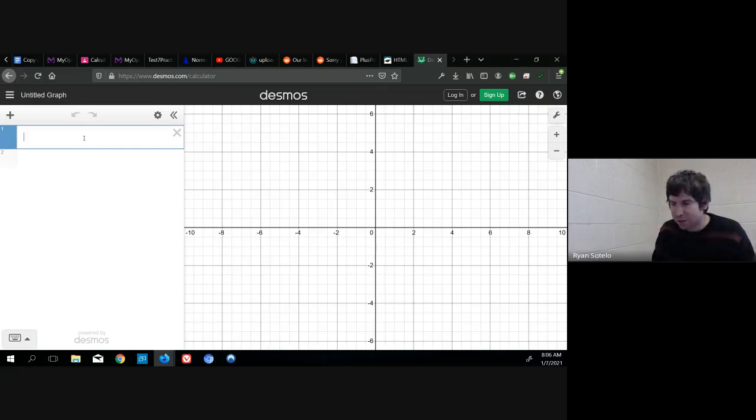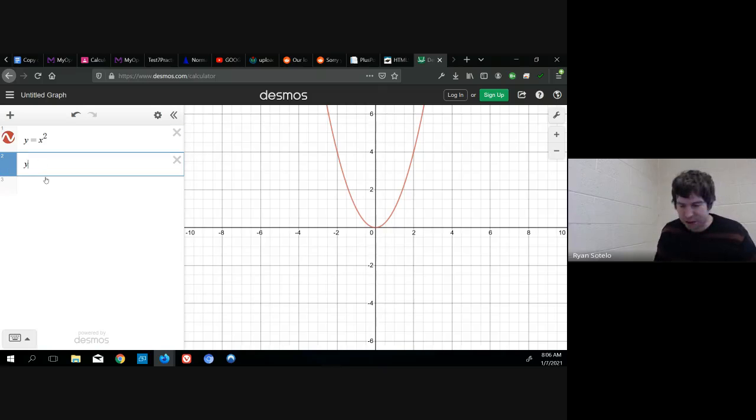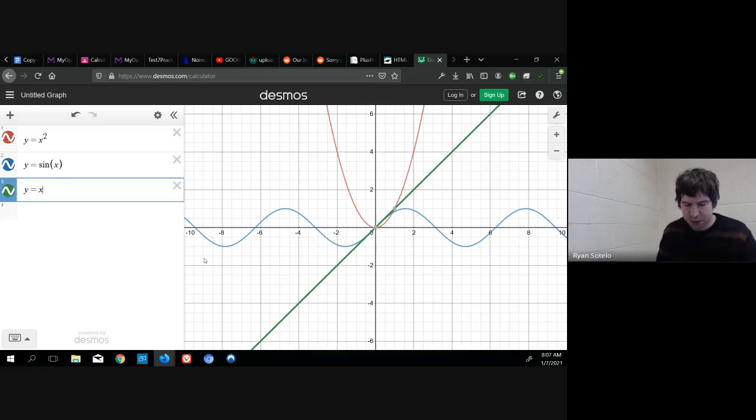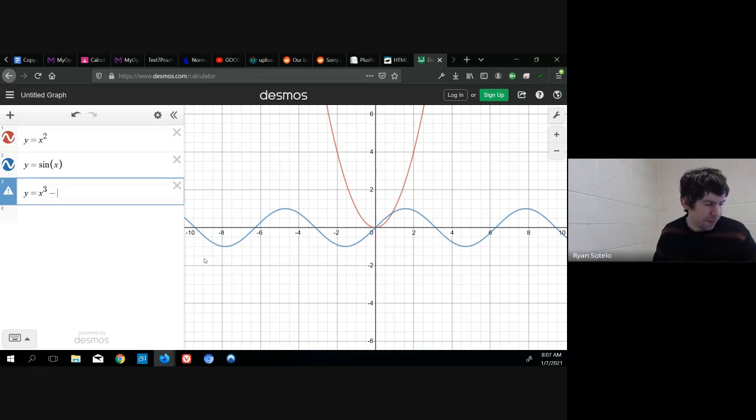All right, so on the first homework, it's just a review of the transformations that we ended with last semester. So for instance, we did a lot with y equals x squared. We can do a couple of other functions, like a sine function. That's a weird one. And we can even do, I don't know, I'm going to try to make something up.